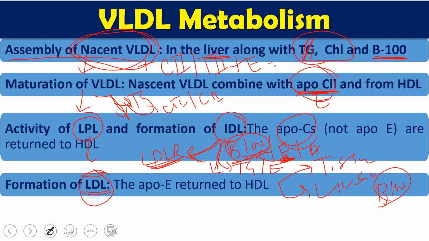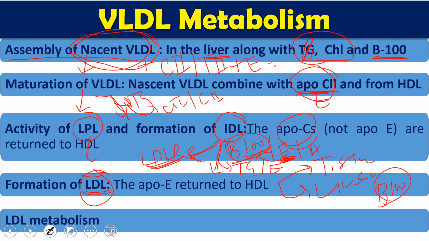Because now E is not there. So ApoE is not there, so its affinity is less. So this LDL goes either to the liver to be metabolized and reprocessed, or it goes to the tissue, where the tissue takes it in and metabolizes it. So that is the LDL metabolic process.